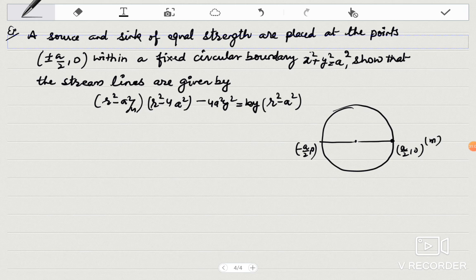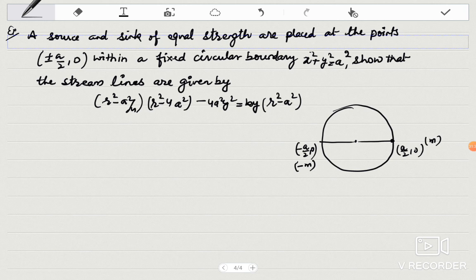Here I have a source and here I have a sink. And you have to find the streamlines. So one way is you use the image system. That means you find the image of this source with regard to this circle, the image of this sink with regard to this circle, and then you write the complex potential according to the arrangement of sources and sinks. Now the second way is that you have no need to draw any circle, you have no need to find the inverse points or the images.